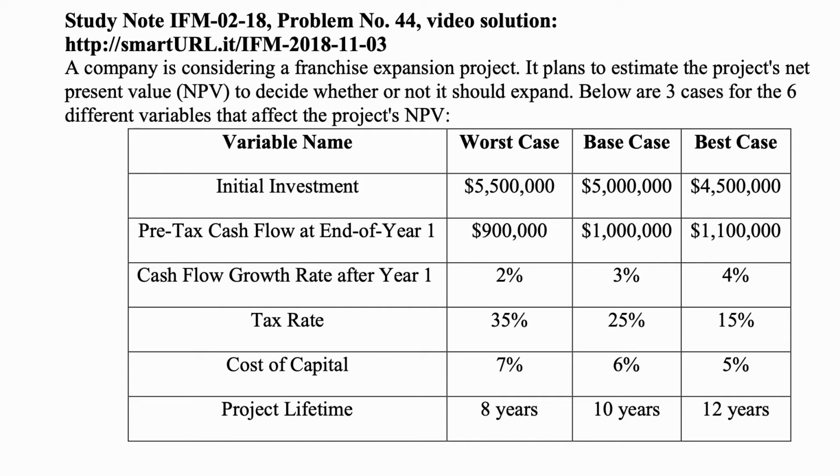The variables are initial investment, pre-tax cash flow at end of year 1, cash flow growth rate after year 1, tax rate, cost of capital, and project lifetime. And you have all the values for a total of 6 times 3, so 18 values.